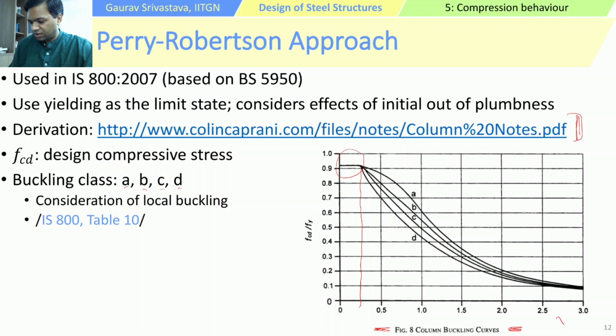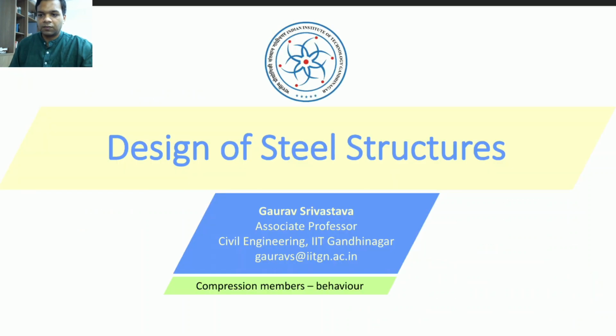So the x-axis here is lambda bar. So roughly lambda bar less than 0.2, there is no difference in the strength curves. And again, for large values, let's say lambda bar greater than 2.5, again the different column curves are coinciding almost to each other, right? The maximum difference occurs in the intermediate range. Okay, and we will see what these buckling classes mean in the next session.